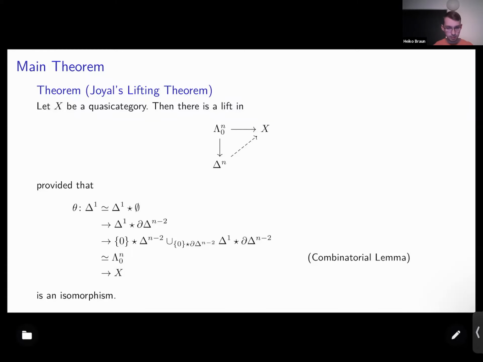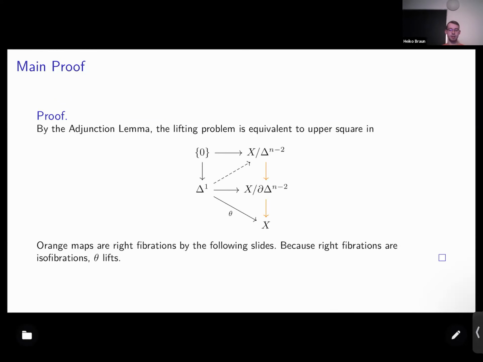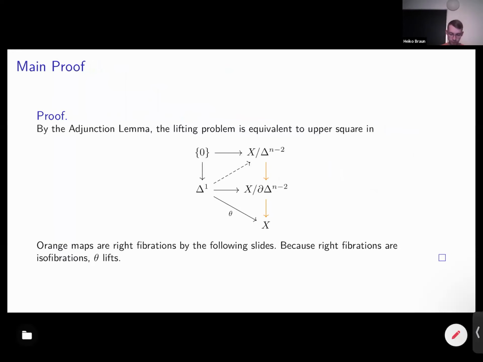Okay. Now we need to do the proof for that theorem. So the main proof of the main theorem. By the adjunction lemma, the lifting problem we had here is equivalent to this upper square.